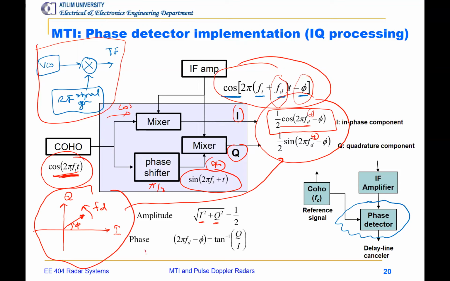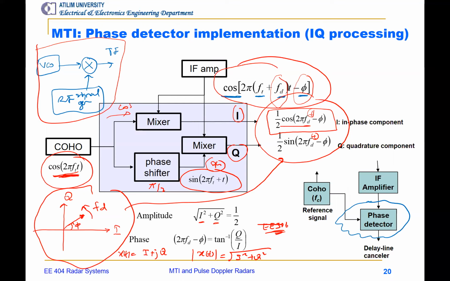It's going to be x(t) = I plus jQ. So I can determine its magnitude as simply the square root of I squared plus Q squared. The phase is going to be inverse tangent of Q divided by I. You know this from EE 316 communication systems, where we studied I and Q, or complex representation of modulated signals.